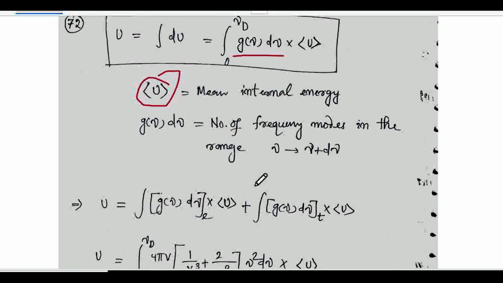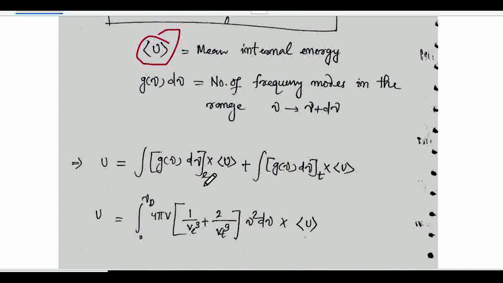Now if you see in the second step, I have split this equation into two terms. In the subscript I have written L, meaning longitudinal, and T, meaning transverse mode. That means the number of modes contributing in this case has two kinds: one coming from longitudinal and the other from transverse.